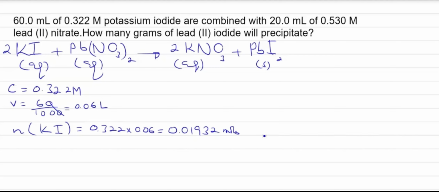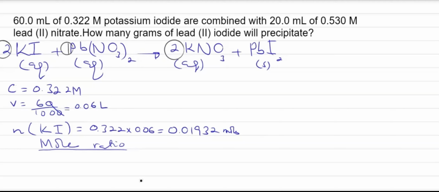And the next thing we need to find out is the mole ratio. We have 2 there, 1 there.